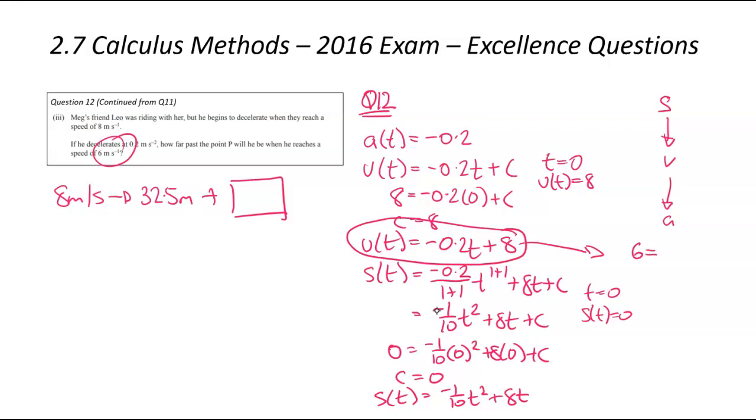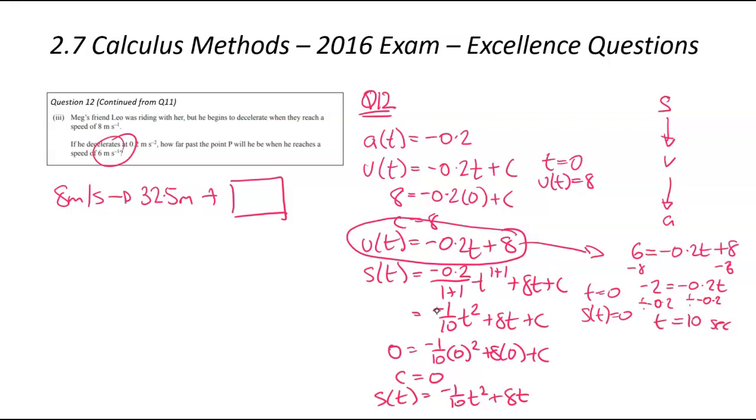So 6 is equal to negative 0.2 t plus 8. I'm going to go minus 8 both sides. Negative 2 is equal to negative 0.2 t. I'm then going to divide by negative 0.2 both sides. t is going to be equal to 10.